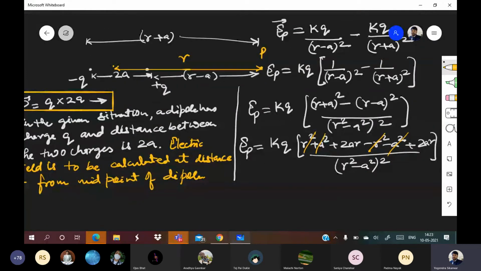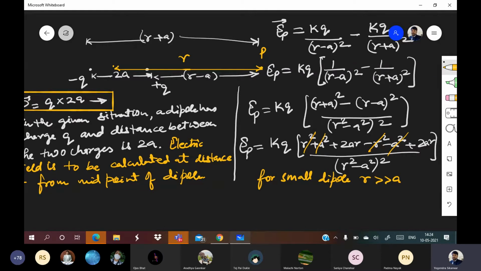Now we are going to put an assumption, and for a small dipole, r is much greater than a.